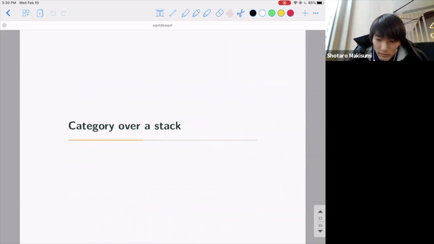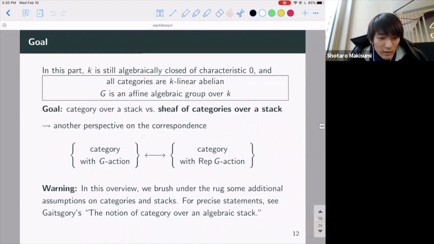So now I want to relate what I just talked about to the notion of a category over a stack. In this part, I'm going to assume further that all my categories are k-linear abelian.